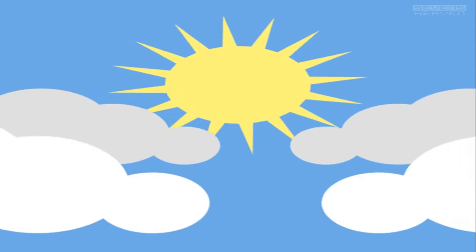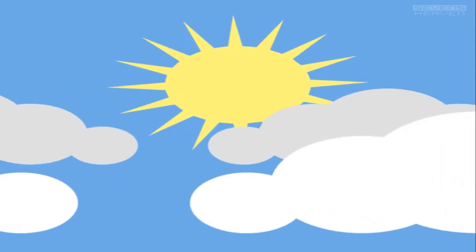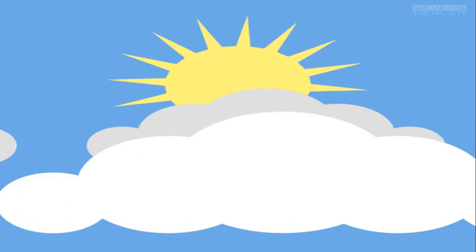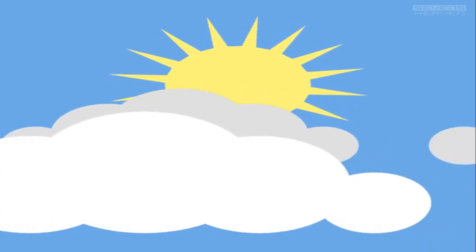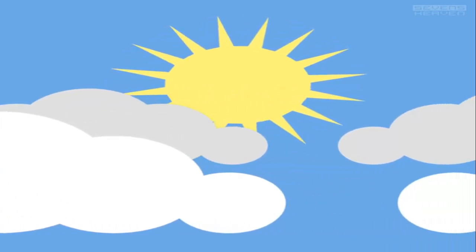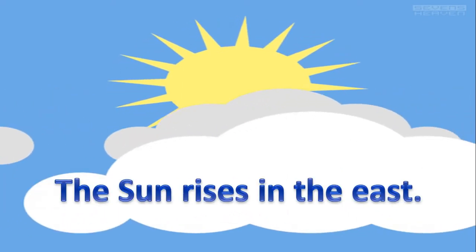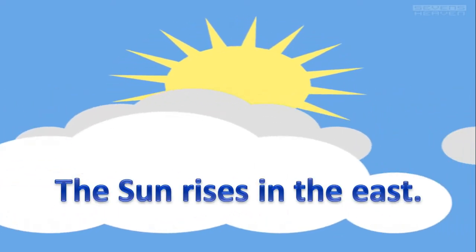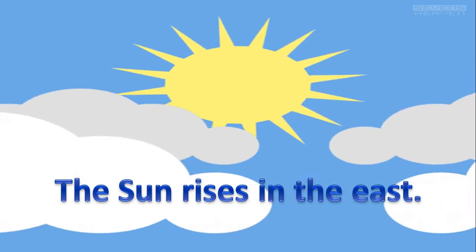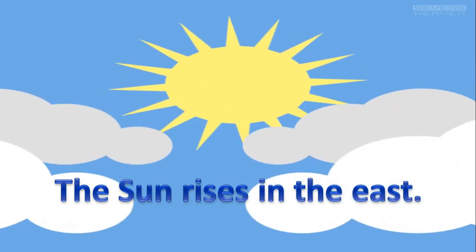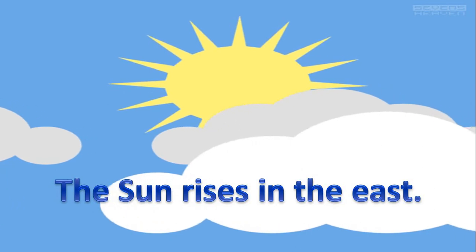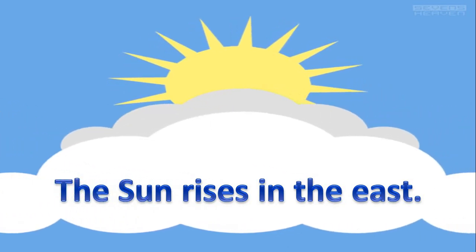Let's discuss few examples. The first one, could you look what is in the sky? Yes, the sun. Now if I want to tell you something about the sun, I'll use assertive sentence. Let's find out which sentence I would like to share. The sun rises in the east. Now I am telling you that the sun rises in the east. So it starts with the capital letter and it ends in full stop.